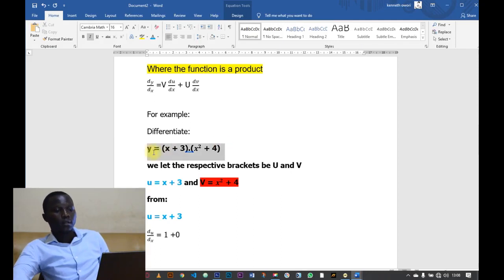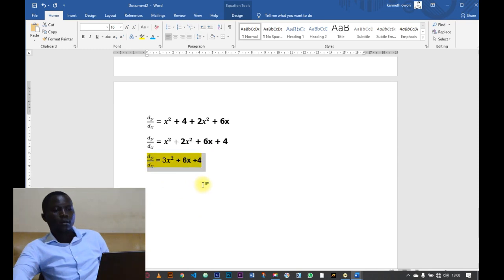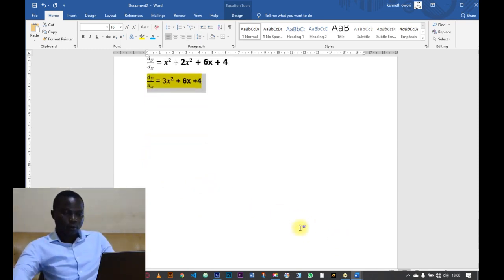When we differentiate this using the product rule, we obtain this. So that is the derivative under the product rule.